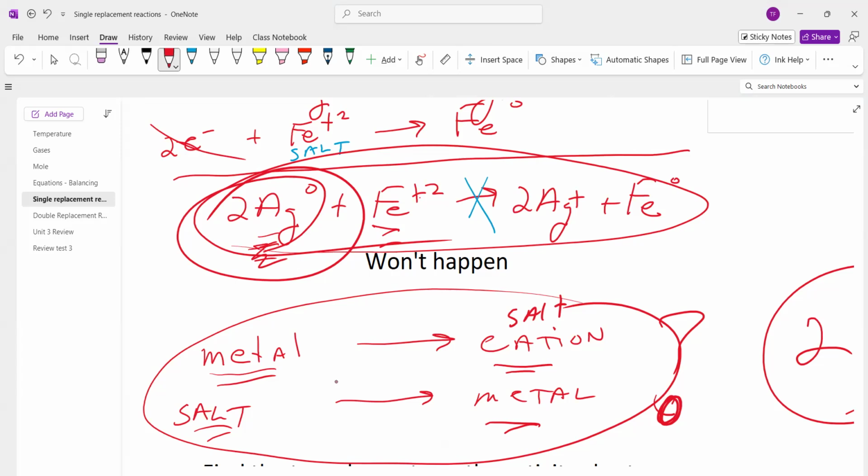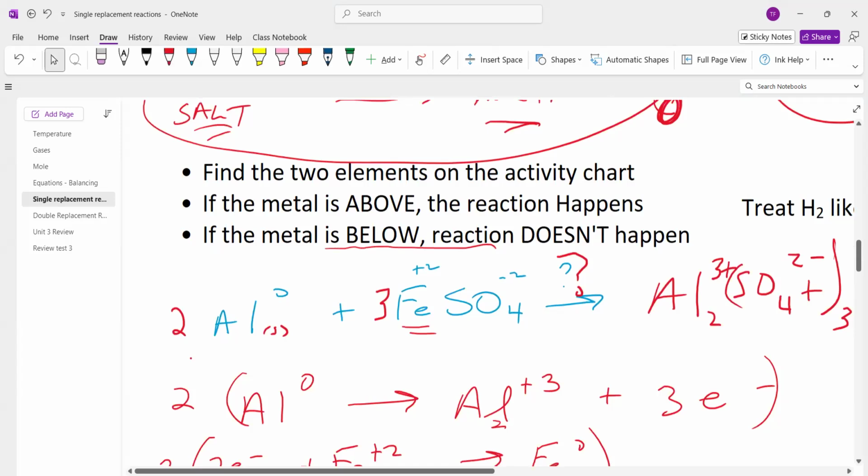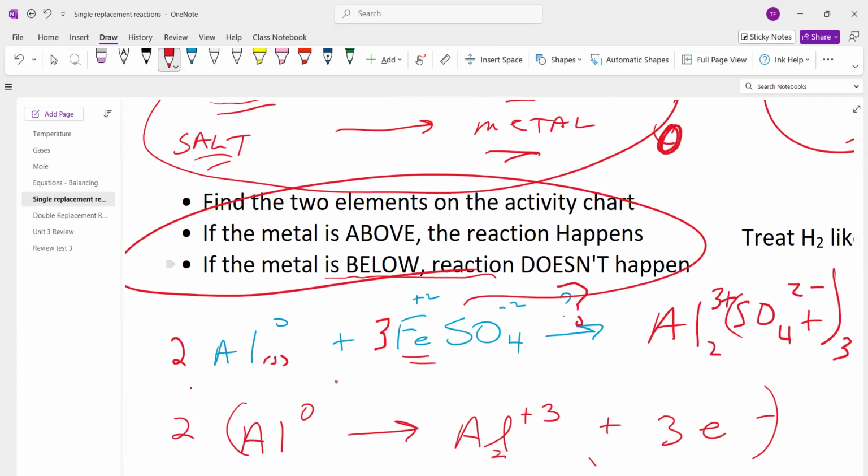Kind of like in life when you're meditating, a higher state. Okay, so basically, this is the rule. Find the two elements in the activity chart. The one in the middle, on the left, has to be higher than the other one.